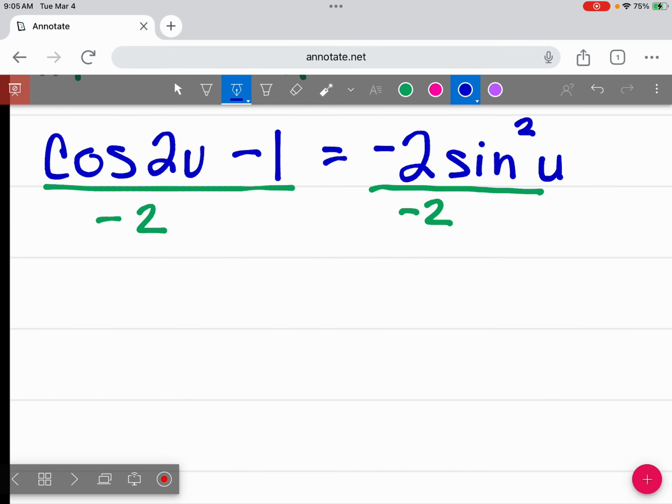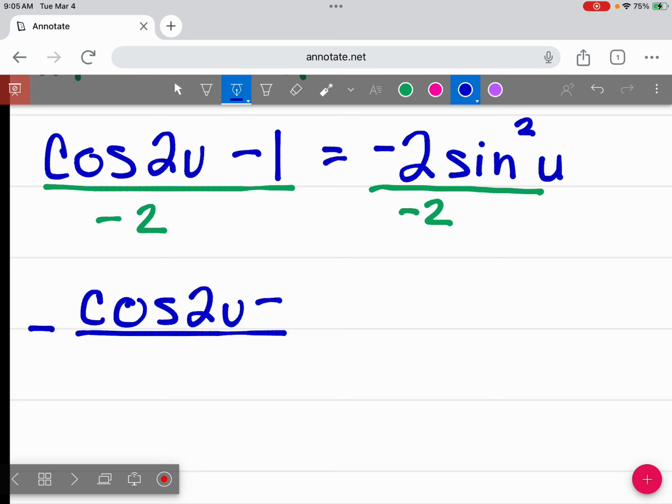What we have is negative cosine of 2u minus 1 over 2. I could deal with the negatives by making it 1 minus cosine of 2u. That would distribute the minus sign in. That's absolutely valid.